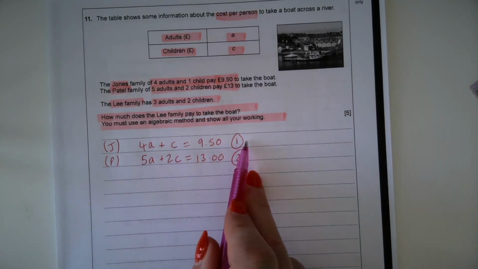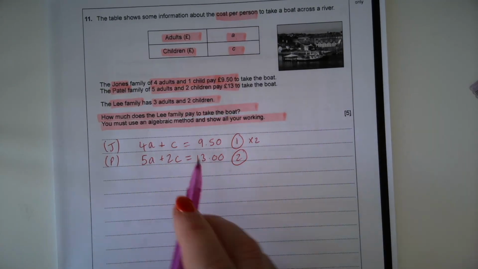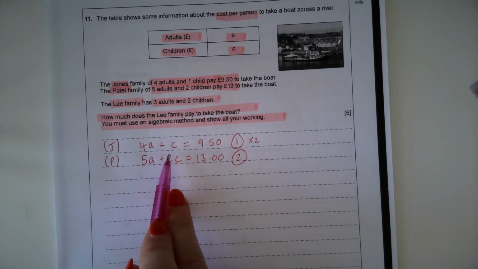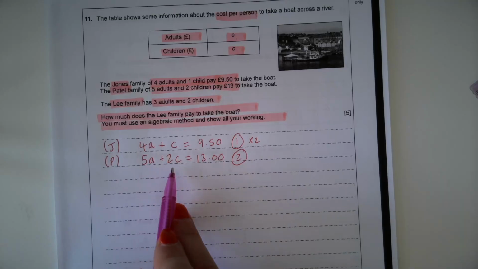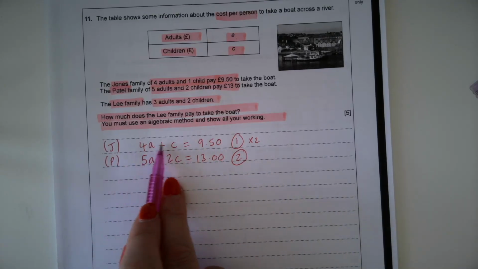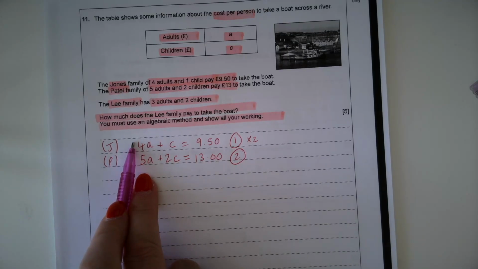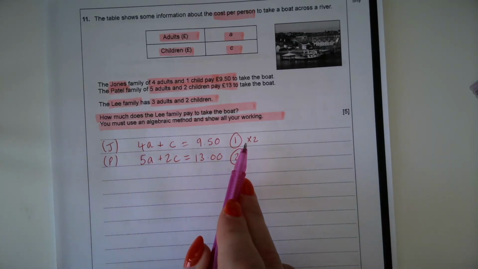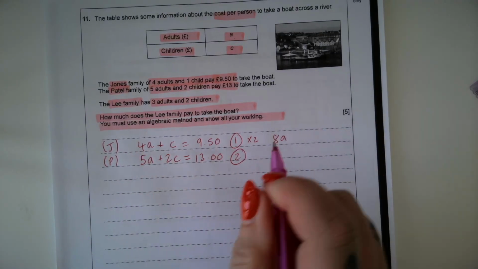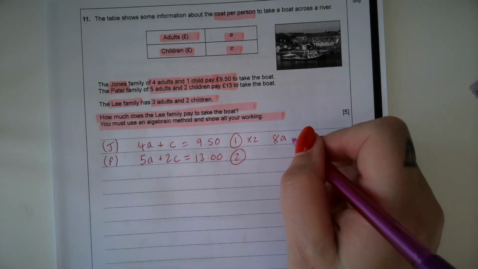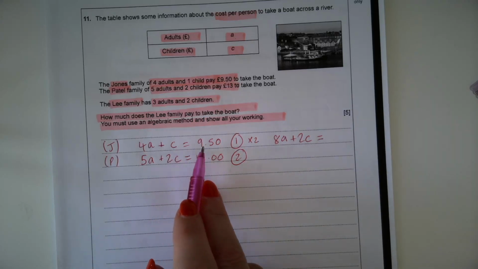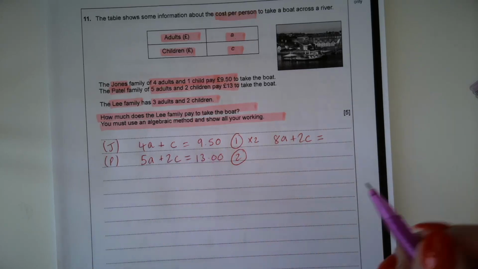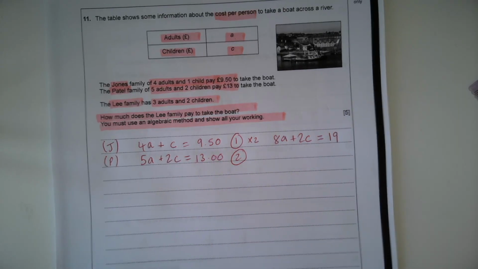I'm going to multiply equation 1 by 2. Because when I multiply equation 1 by 2, I'm going to get 2C, which means it will match the 2C here on this equation. So when I multiply this equation by 2, everything gets multiplied by 2. So 4A multiplied by 2 is 8A, plus C multiplied by 2 is plus 2C, and then it equals £9.50 multiplied by 2, which is £19.